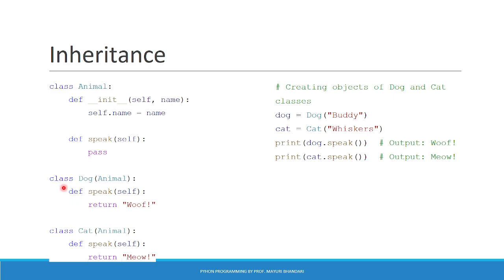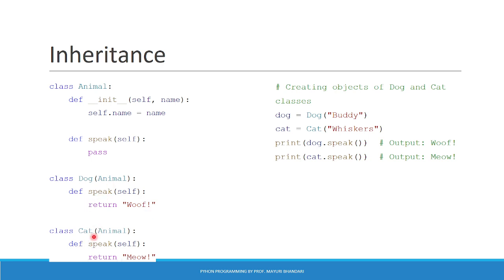Here the first class is Dog, which is inheriting Animal. Class Dog with Animal in brackets, this is how we inherit the class. Inside that we are redefining speak. So speak we inherited and redefined. The class name is Dog and we are returning its voice here.